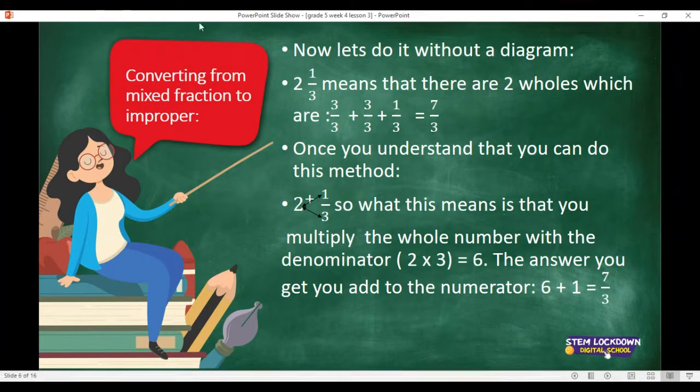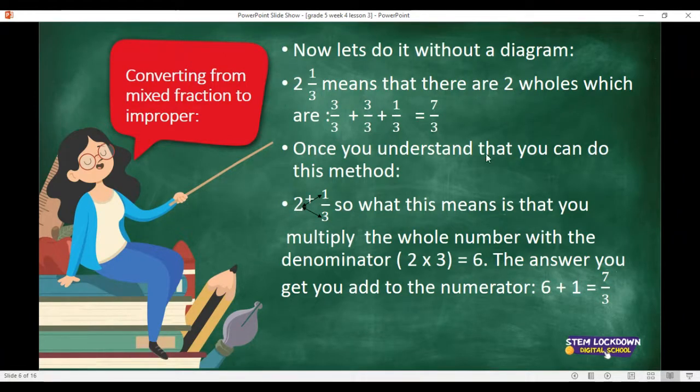If our denominator is 3, then 1 whole as a fraction is going to be 3 over 3. How many 3 over 3s should we have? Because we have 2 and 1 over 3, we must have 2 wholes. So those 2 will be 3 over 3 plus 3 over 3. 3 over 3 makes 1 whole, right? Grade 5, we agree 3 over 3 makes 1 whole, right? But how many wholes do we have? We have 2 wholes. So 3 over 3 makes 1 whole, and we want 2 wholes.